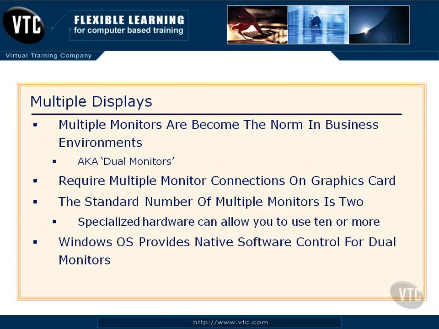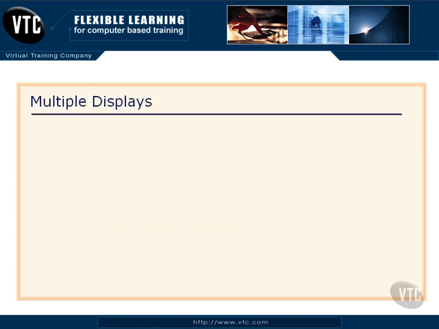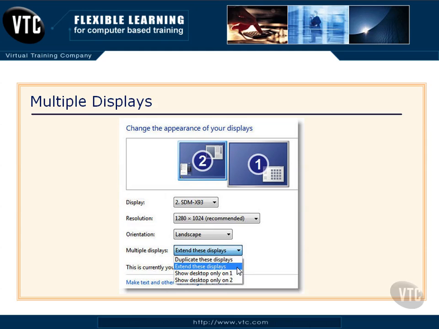Now, the Windows operating system provides native software control for multiple monitors. Most of us only see this for dual monitors, and this is what that looks like. Once I have 2 monitors connected to my computer in Windows, and I think this screenshot is out of Windows 7, you'll notice it shows the main monitor with the taskbar on it, and then the second monitor, and I can change where this goes and so forth.